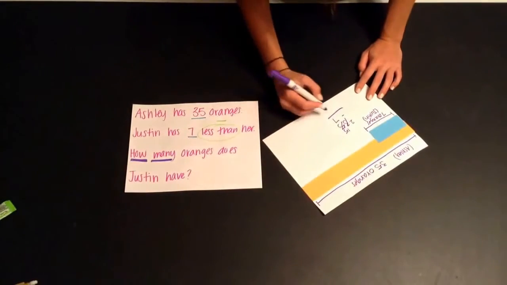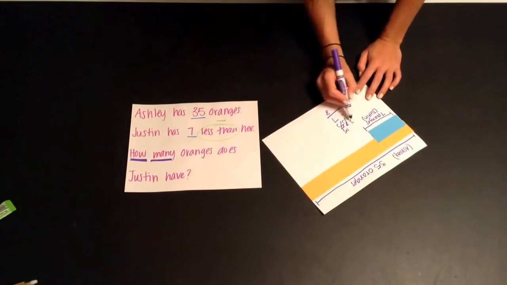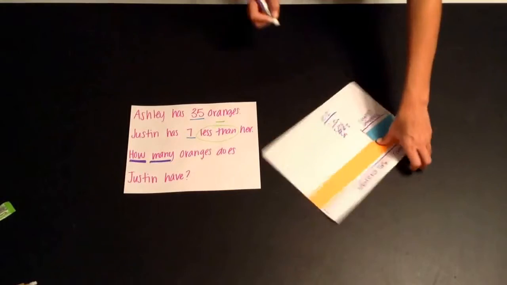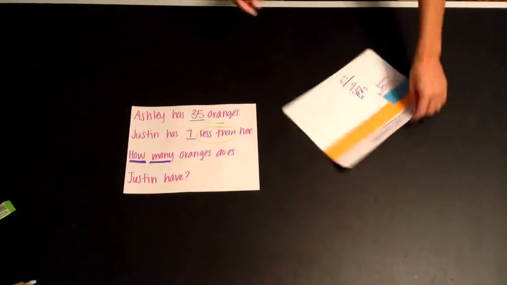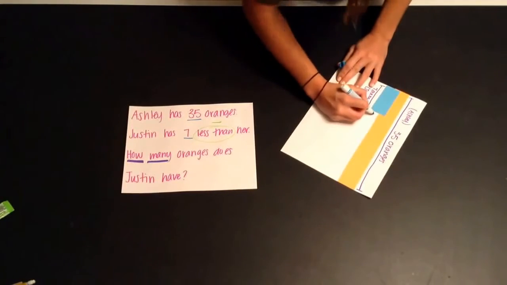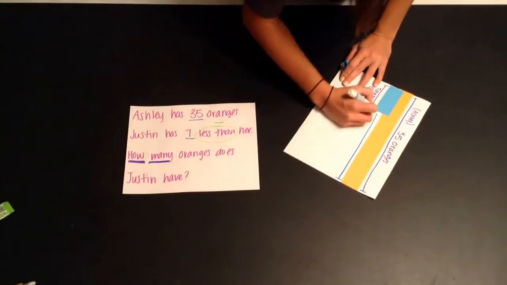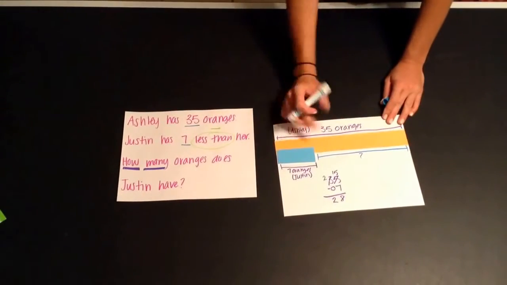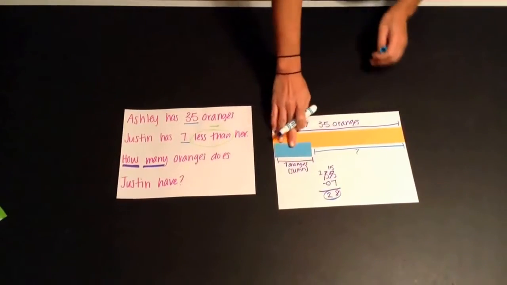So 15 minus 7 is 8, and then 2 minus 0, we put a 0 there, is going to be 2. So our answer is 28. So then we're able to see here that this missing amount that we were looking for is now going to be 28 oranges.